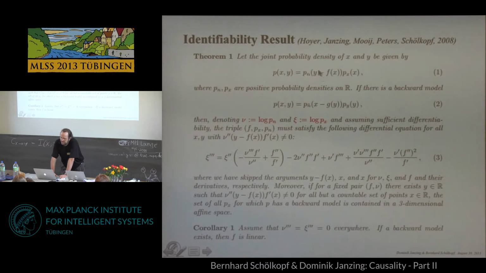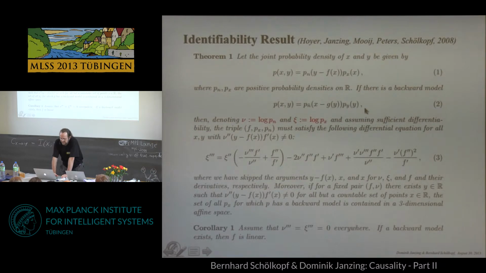So this is just the density of y minus the function, right? This is just the noise. So it's a product of the density of the noise and the density of the input. And let's now assume there's in addition a backward model of the same form. So suppose we can write it in both directions this way. That's exactly the same thing, just in the backward direction.